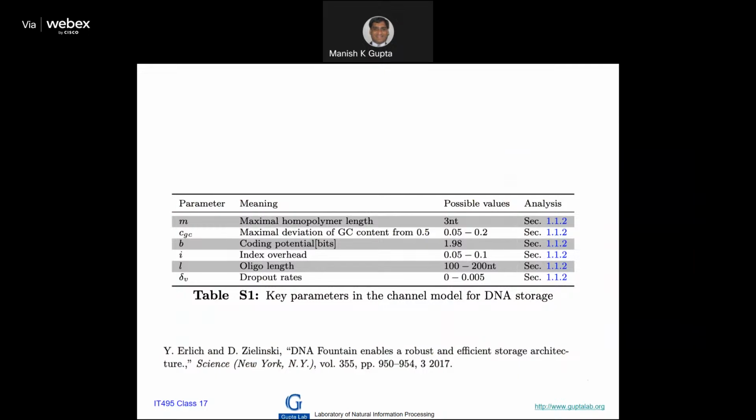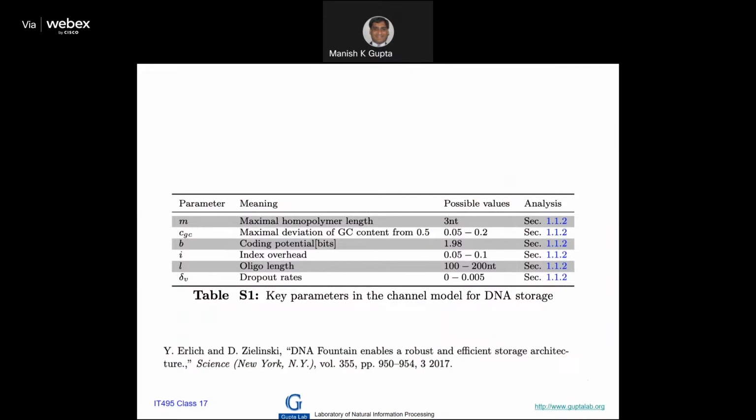B is the coding potential; for this scheme, it turns out to be 1.98. I'll show you how to calculate that. I is the index overhead: how many nucleotides are used for indexing. L is the oligo length, 100 to 200 nucleotides, and delta V is the dropout rate, with possible values between 0 and 0.005.